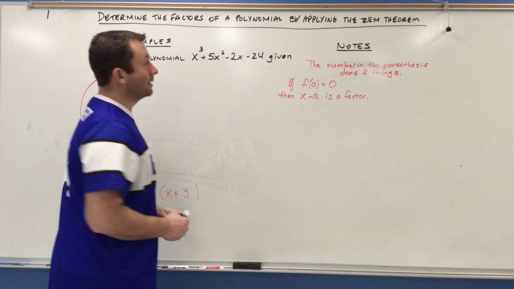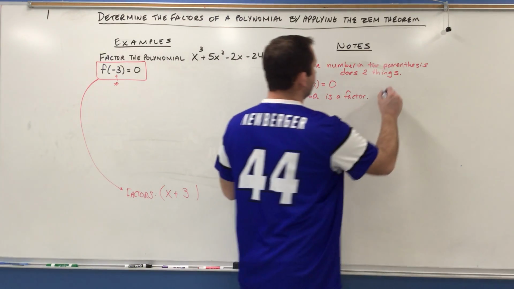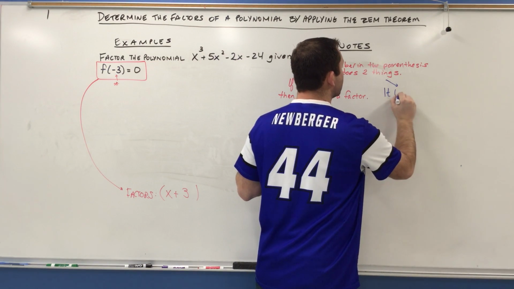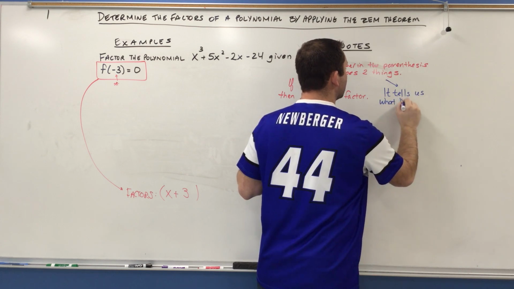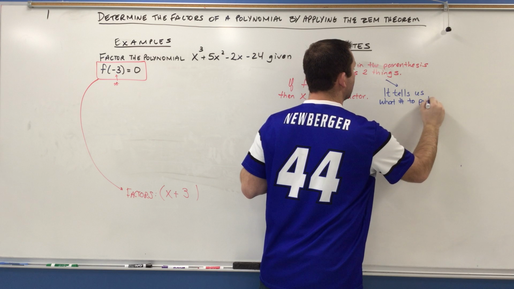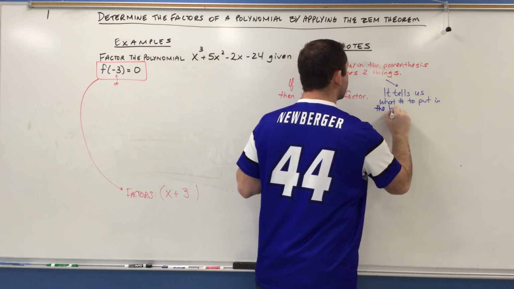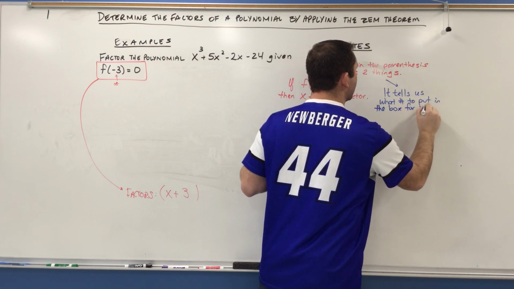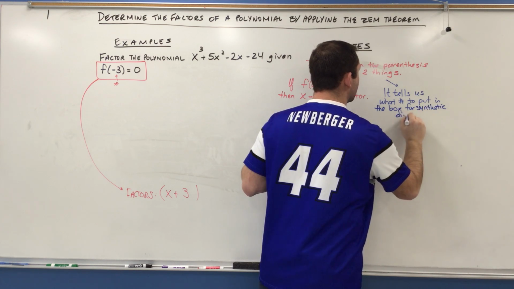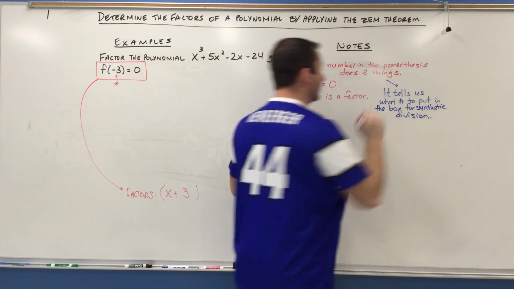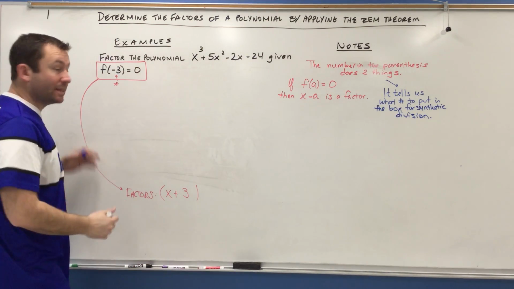Now the next thing that it does, okay, is it tells us what number to put in the box for our synthetic division. Okay? It actually gives us the exact number.